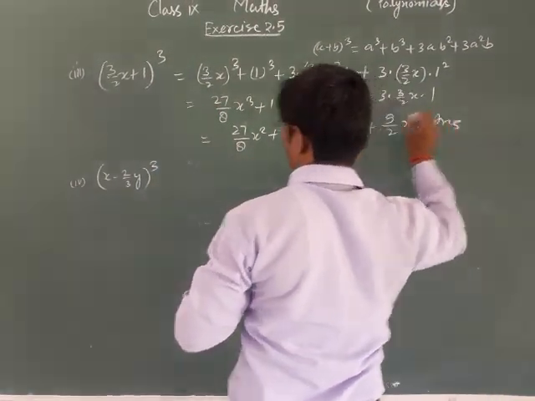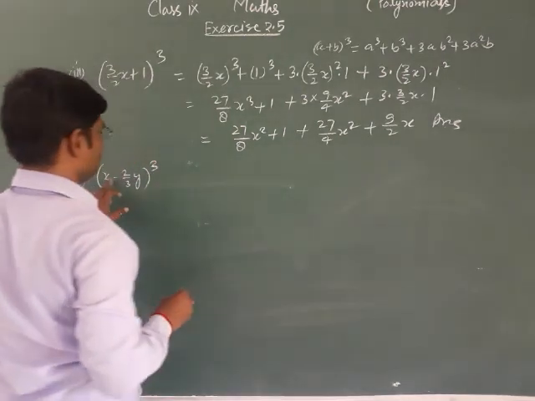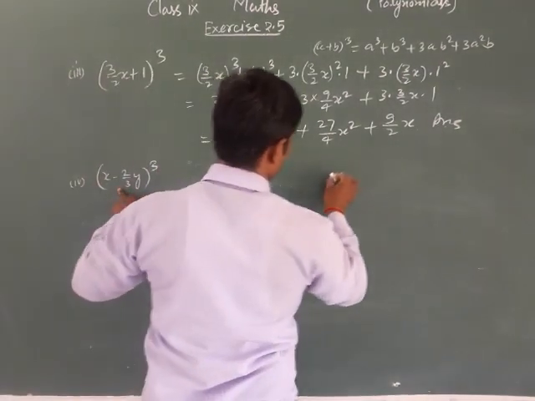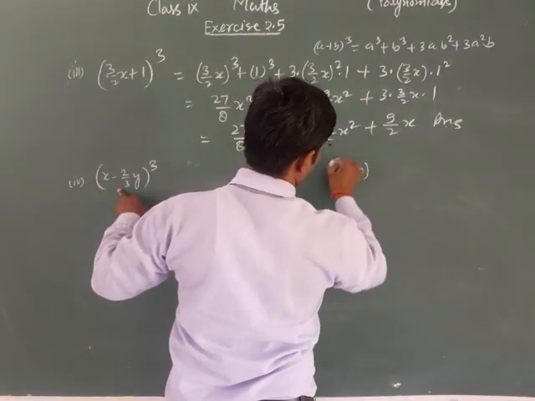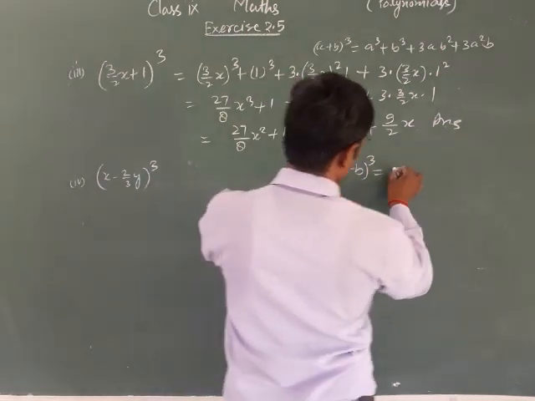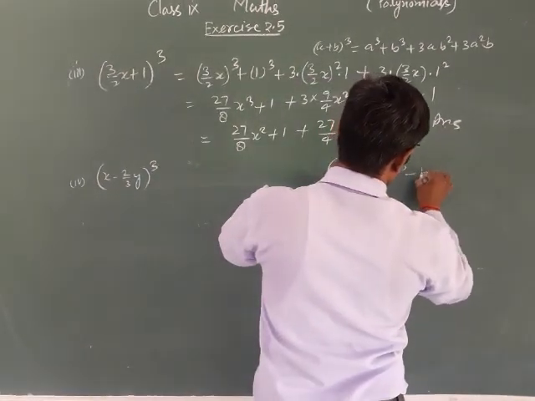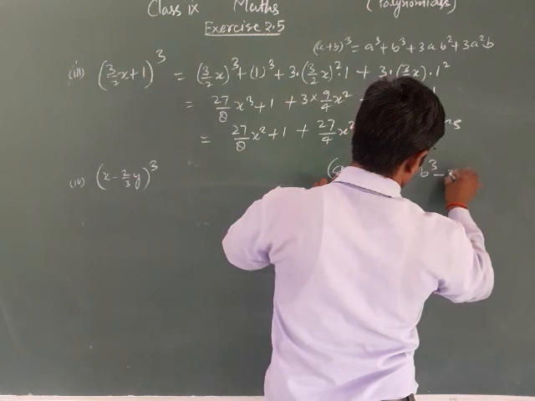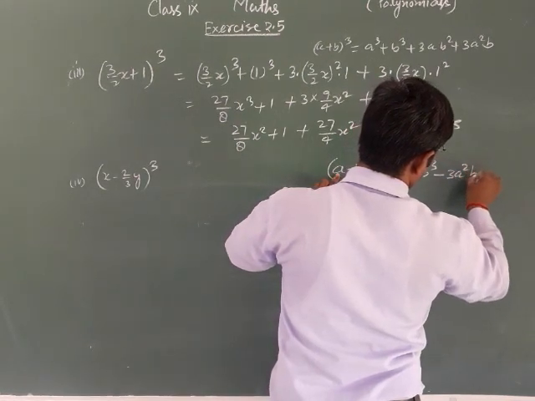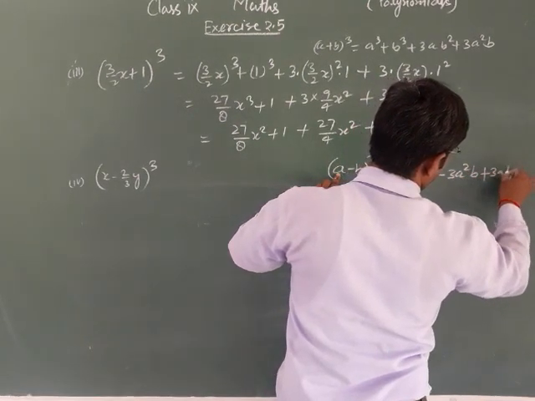This is the answer. Also this use identity (a minus b) whole cube is equal to a cube minus b cube minus 3a square b plus 3ab square.